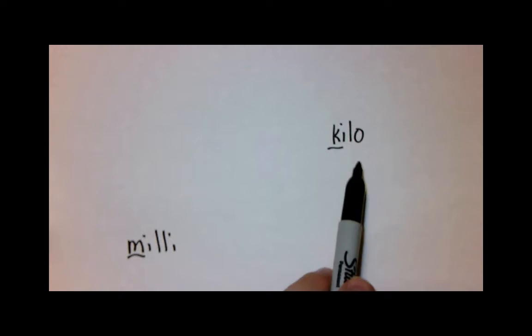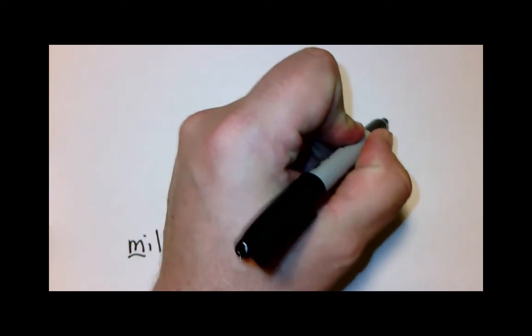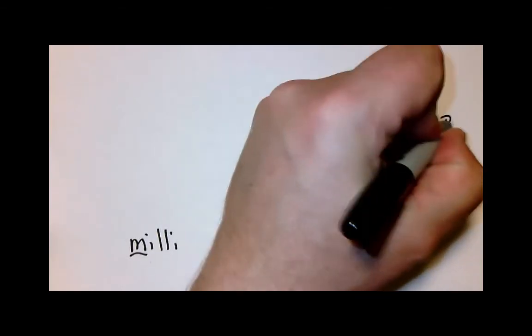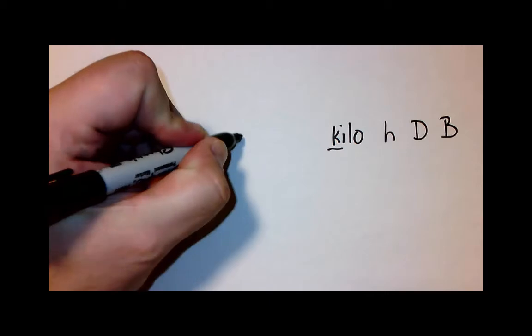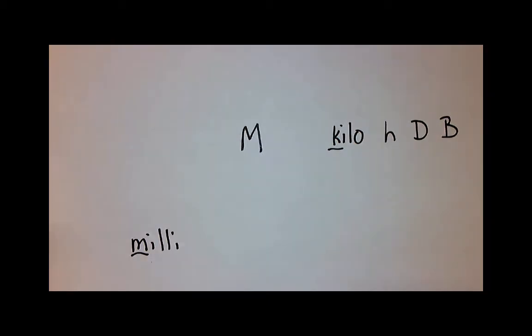If we switch over here and look in a little more detail at these very large and very small prefixes, at the left side of our normal prefixes, H, D, B, and so on, we can see from kilo to mega we would have the 3 steps.